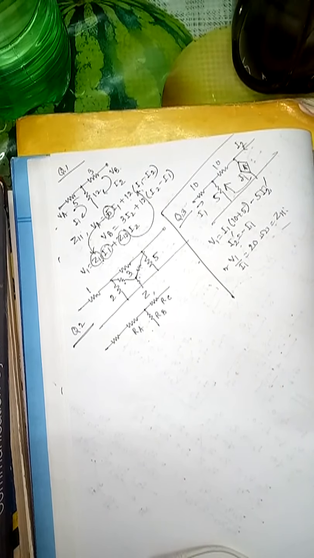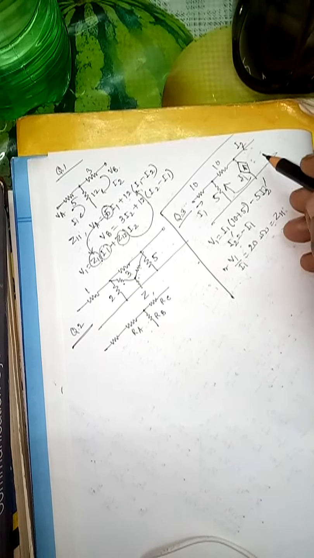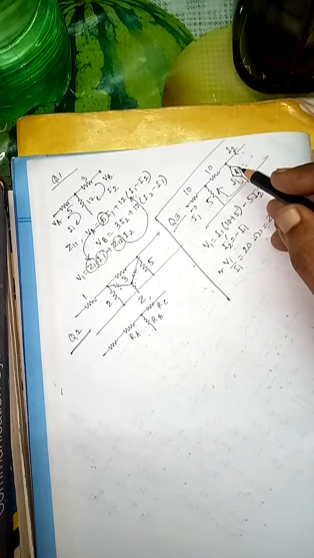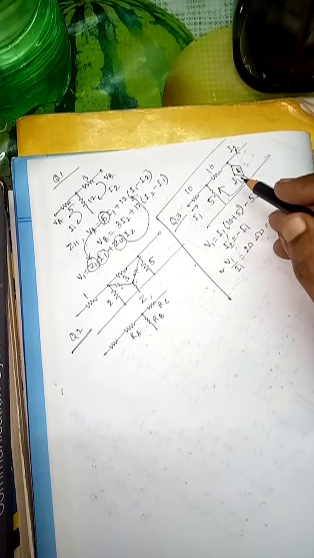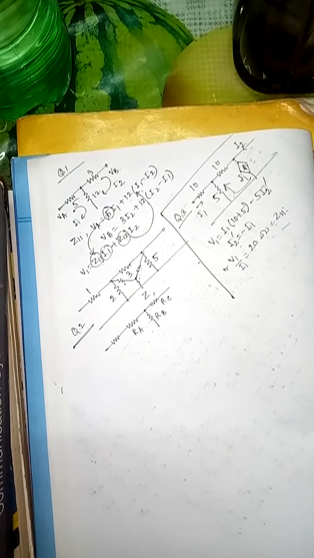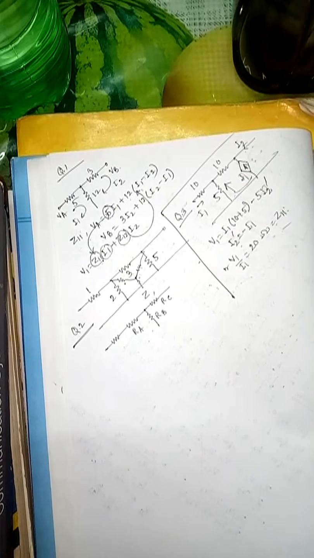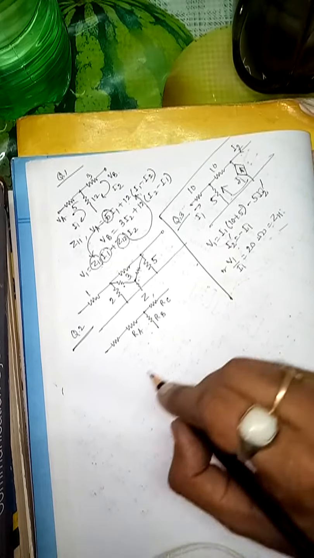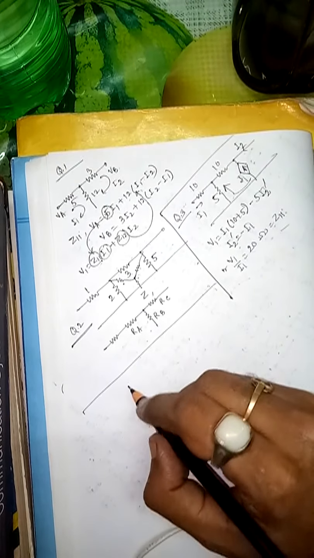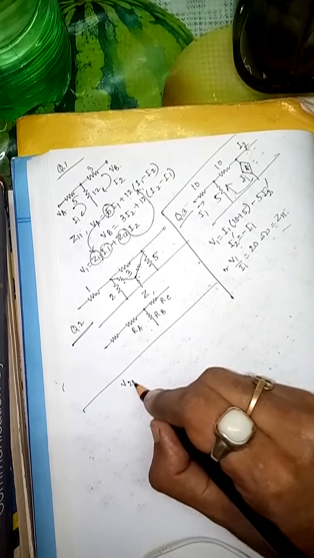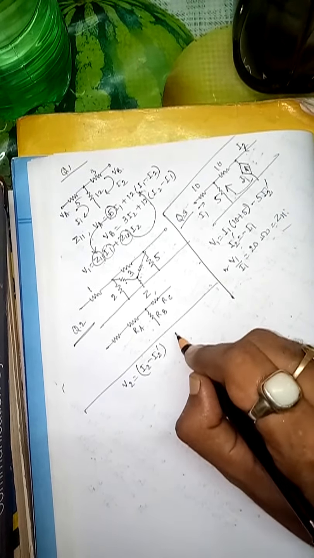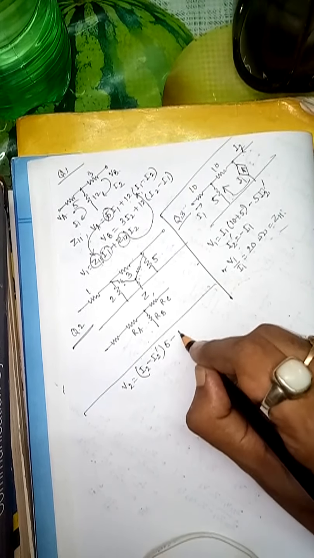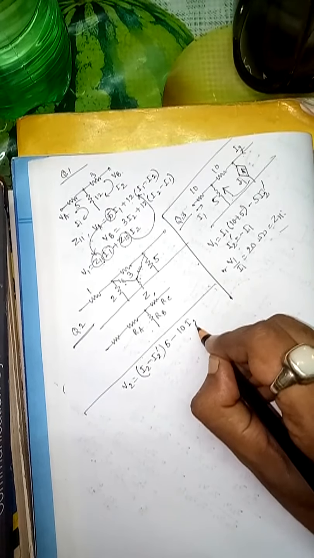Okay, so how to get Z12? Very simple way. If you are considering from this side, obviously it should be I1 minus I2 dashed into 5 minus 10 I2, that is V2 equals I2 minus I2 dashed into 5 minus 10 I2.